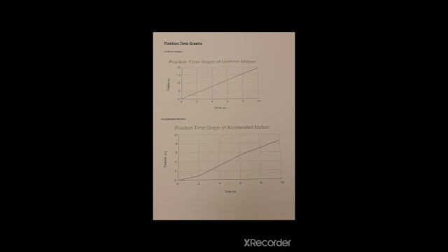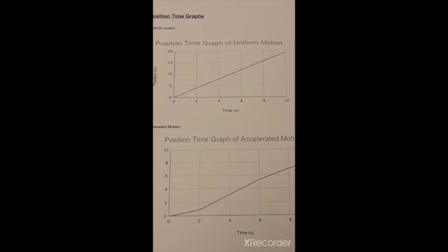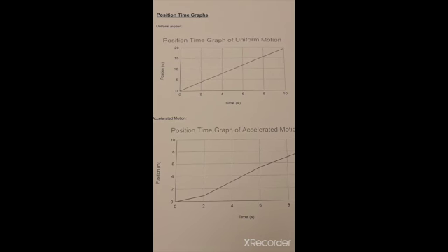The distances that we have now found, the 5 distances, can be used to make our position time graph for accelerated motion. So, position time graphs from our equations. For uniform motion, we have a position time graph showing our position traveled over a given amount of time. We went 1.98 meters per second for 10 seconds in our scenario.